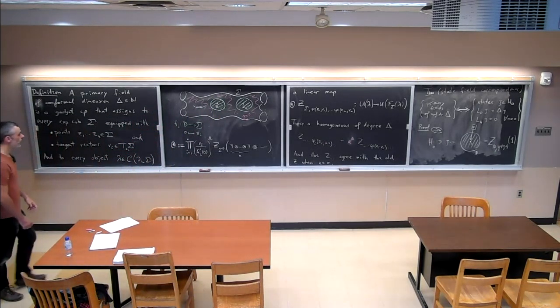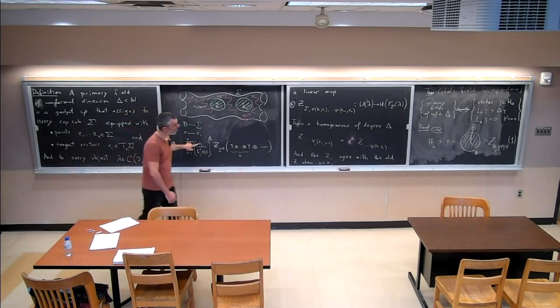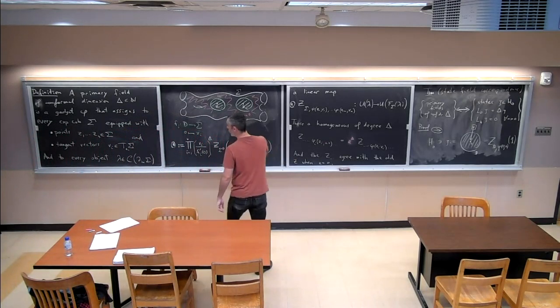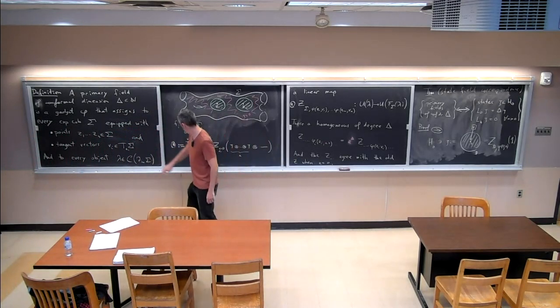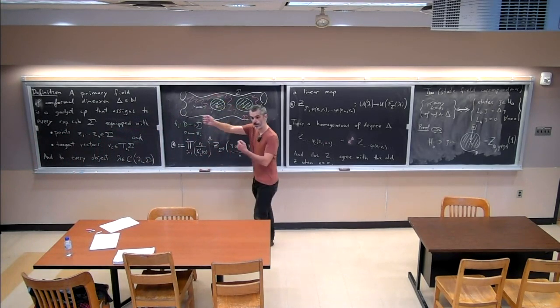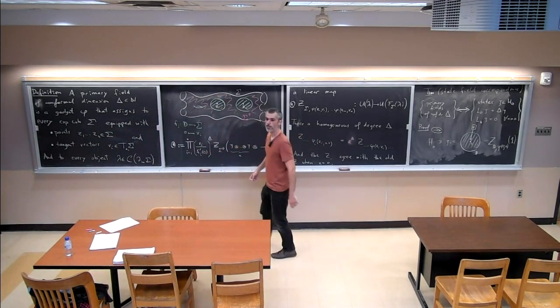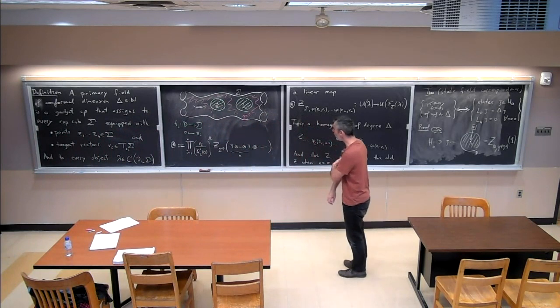So what's the meaning of this? vi is an element of the tangent space in sigma, and the derivative is also a tangent vector, and these two things being elements of the same one-dimensional complex vector space, I can take the ratio, and that's now a scalar. That scalar I can raise to the power.